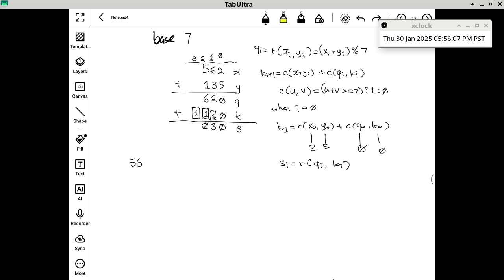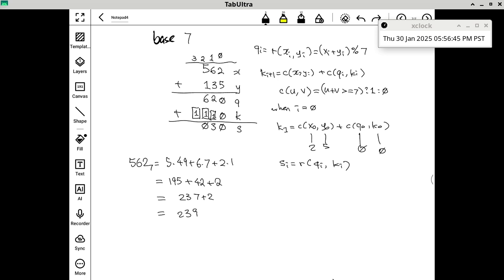So 562 in base 7 is 5 times 49 plus 6 times 7 plus 2 times 1. My arithmetic is not always reliable, but I'll do my best. I think this is 195, and this is 42, and this is just 2. So now we have 237 plus 2, which is 239.